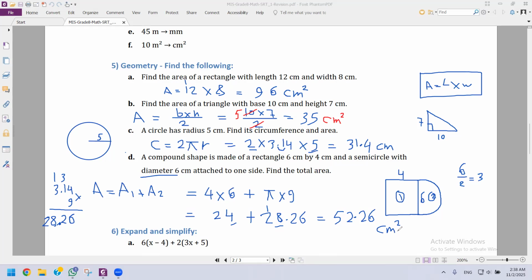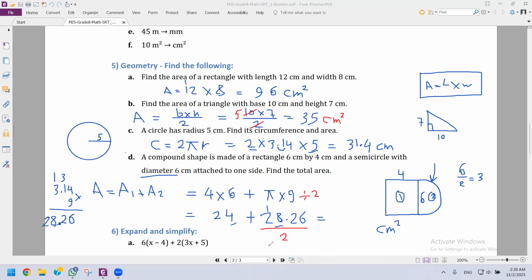But here, do you know what kind of a mistake we made? We need to be careful. The mistake was, this is a semicircle, not a full circle. So after I do pi r square, I have to divide by 2. So this value, we should divide it by 2. Okay? Why? Because they said a semicircle, we need to be careful. What is 28.26 divided by 2?